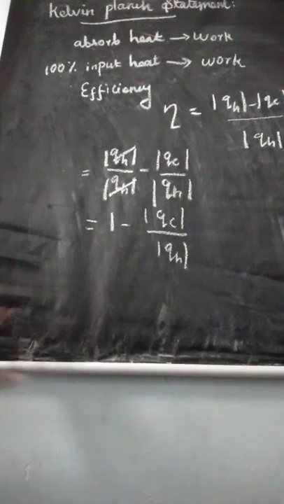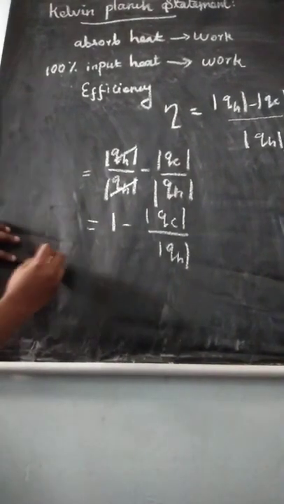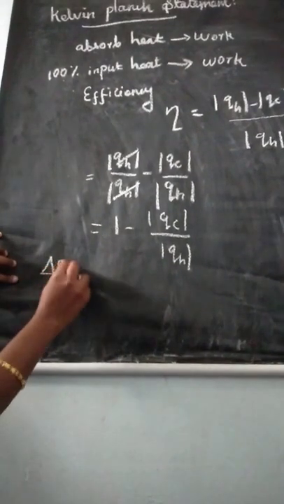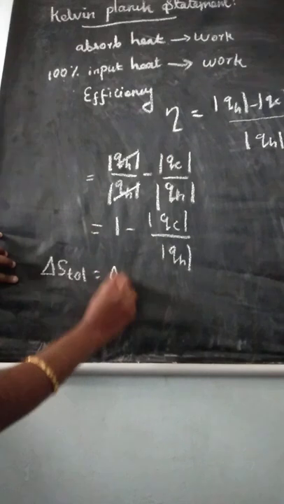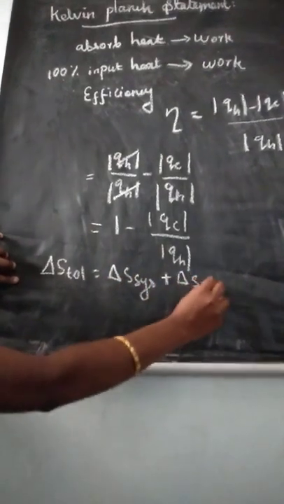Understand? Now listen. In the cyclic process, for a reversible process, we already learned the formula: delta S universe or delta S total is equal to delta S system plus delta S surroundings.